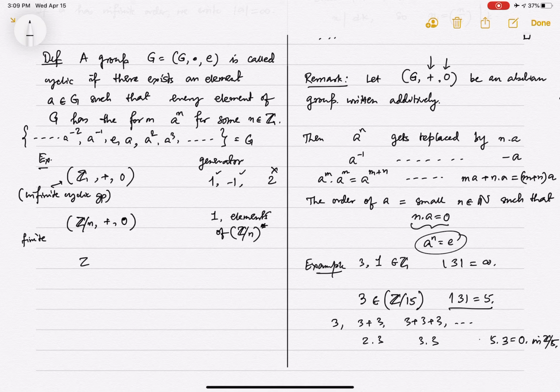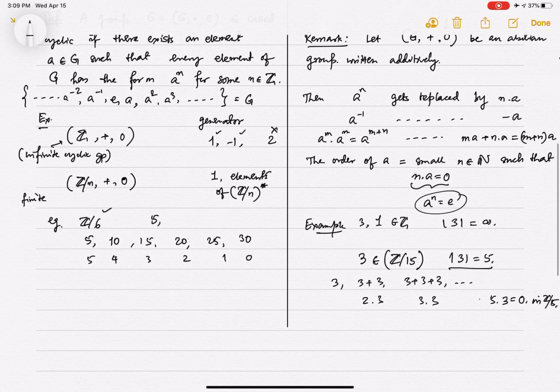So for example, if you take Z mod 6, 5 is a generator, because if you take multiples of 5, you'll get 5, 10, 15, 20, 25, 30, and these are 5, 4, 3, 2, 1, 0, mod 6. So you get all of Z mod 6.